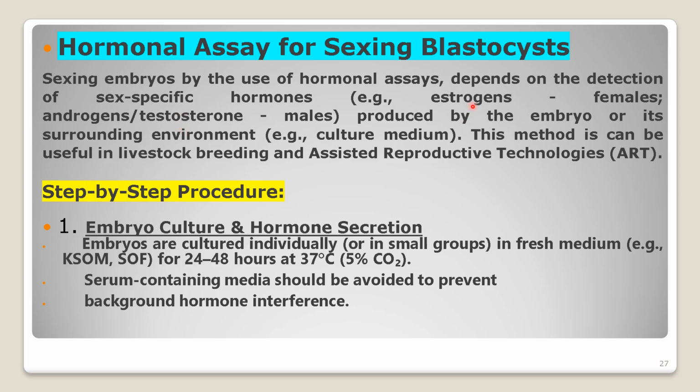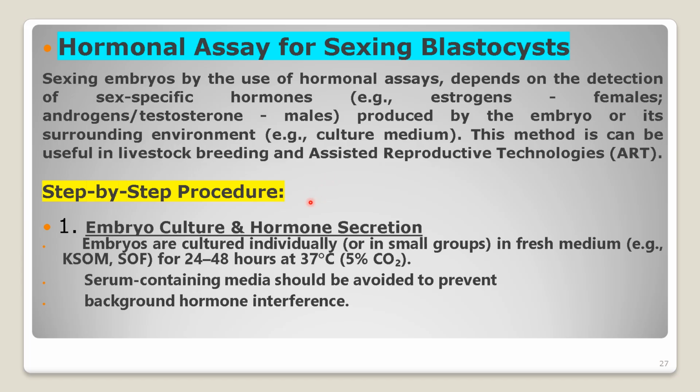Estrogen is for the female and testosterone is for the male. These hormones are produced by the embryo or its surrounding environment. So this method can be used in livestock breeding and in what is known as ART, assisted reproductive technologies.